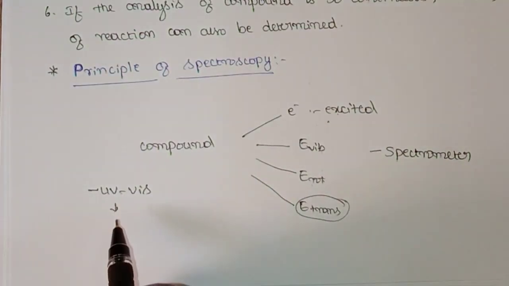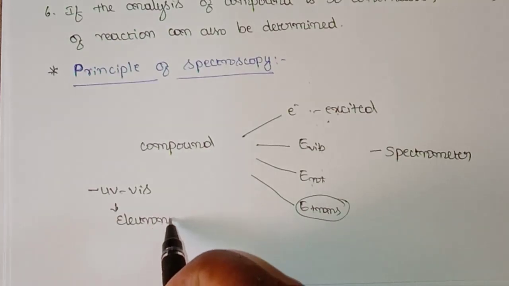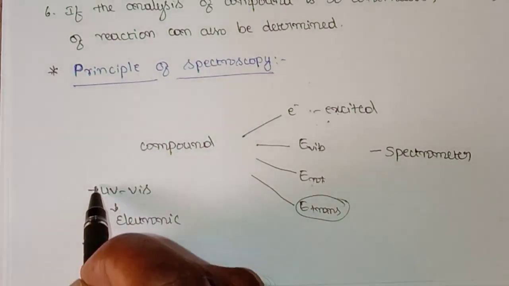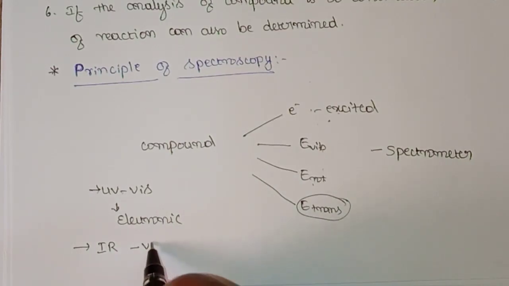So UV visible spectroscopy is also called electronic spectroscopy. If you pass IR radiation onto the sample, that causes changes in vibrational energy. So IR spectroscopy is also called vibrational spectroscopy.